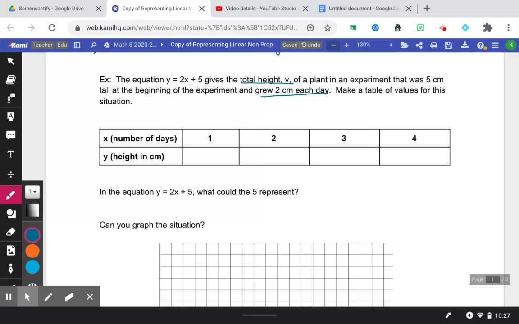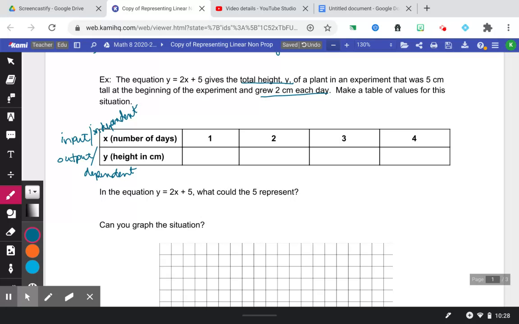Now remember, when we are looking at our table of values, we have our input values or x values and our output values or y values. I also talked about the input being the independent variable and the output being the dependent variable. This data is keeping track of how tall a plant is after so many days.